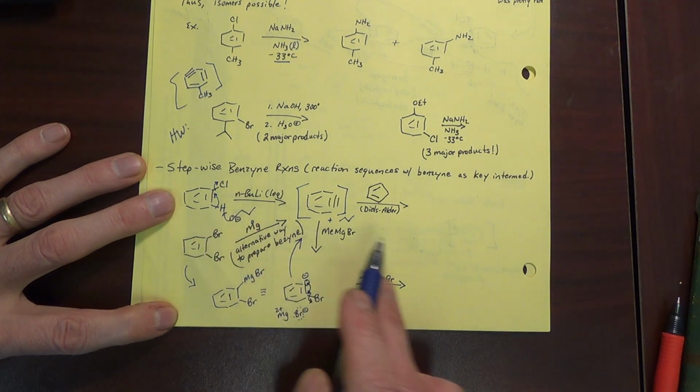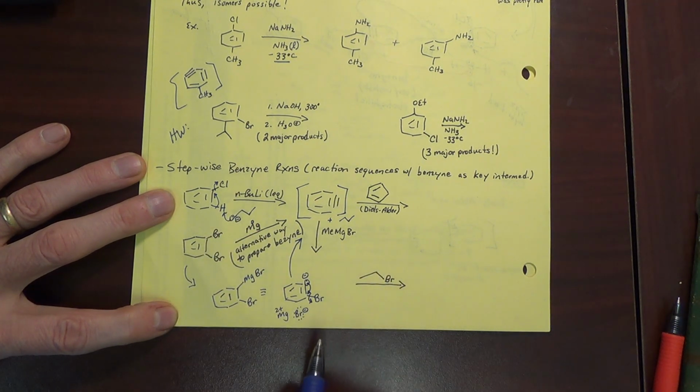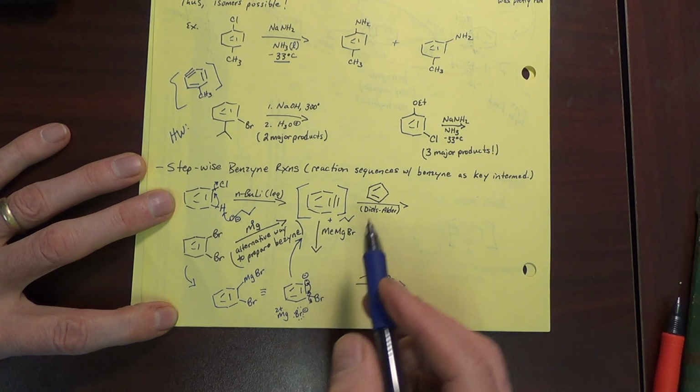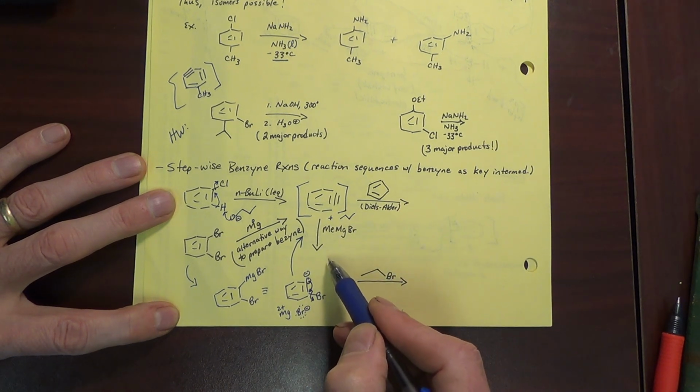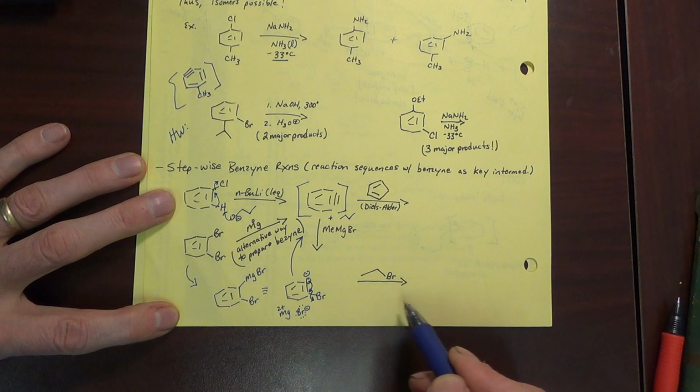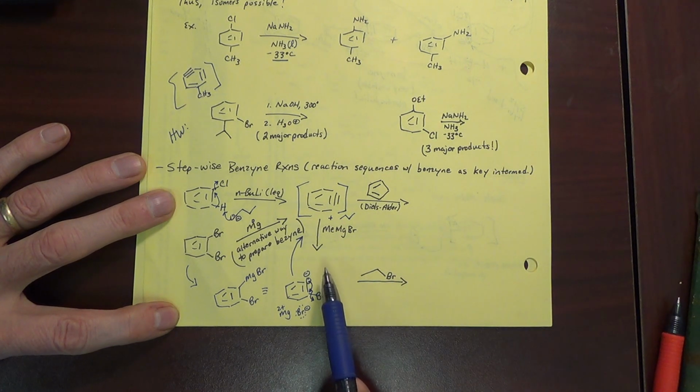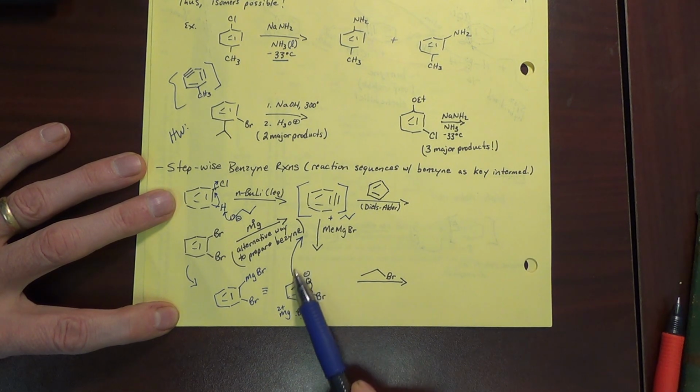All right, so some stepwise benzyne reactions. I drew all over this, so maybe some scratch paper. See if we can predict the product here and then here. Now this product here is going to be an intermediate, really. You're not going to be able to isolate it.